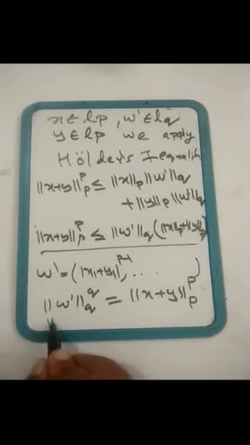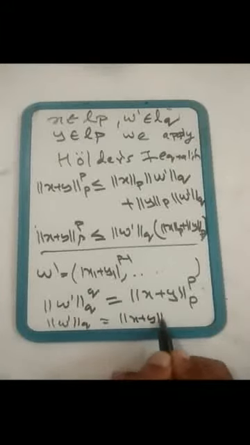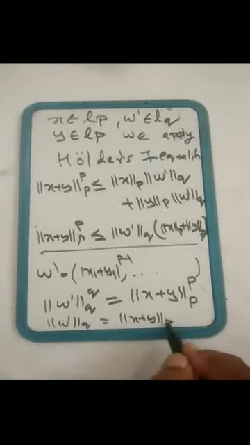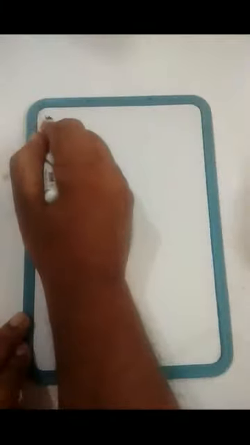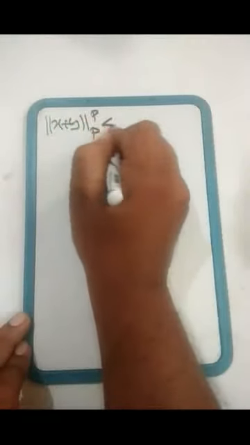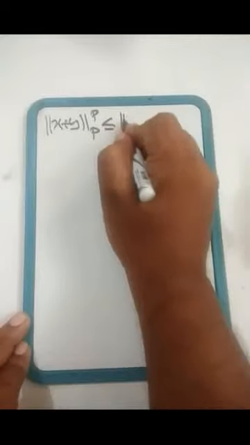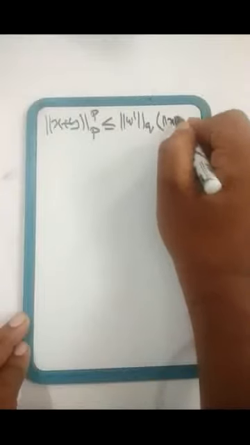So this implies that norm of W dash is equal to norm of X plus Y to the power p by q. Taking the p by qth power, these are real numbers, p by q. So what do we have? What we had.